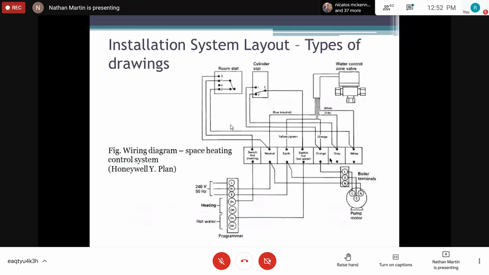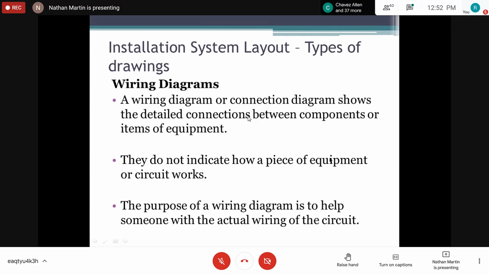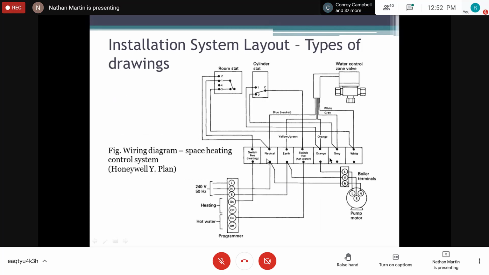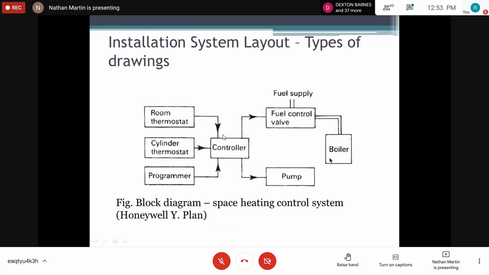You would have learned how to read a wiring diagram, and then you are able to read this diagram and make your connections. Internally in the room rheostat, it shows you the configuration, what is connected to what, and it shows you that it comes to this terminal, and so forth. It shows you the cylinder. It's the same diagram as this, but now we are showing you the connection between them. You see the cylinder thermostat. This is actually your controller in the middle, and you have the room thermostat and so forth.